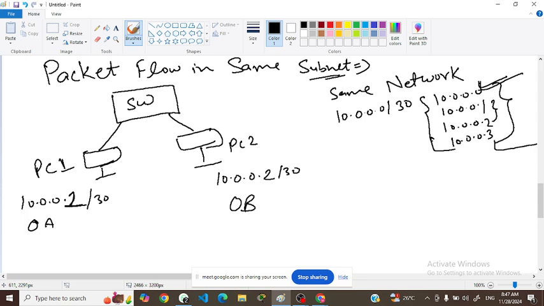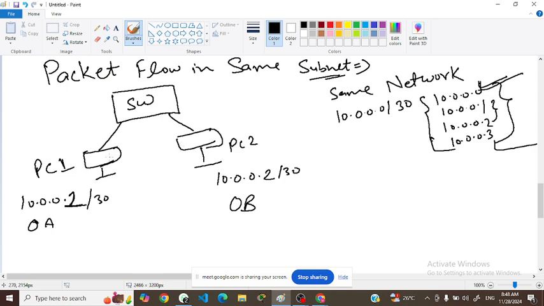Everyone knows about MAC addresses. Yes, sir. Okay, and here this PC wants to send a packet, suppose hello. Lakshman and Abdul are sitting in the same organization and they want to talk to each other, and Lakshman is saying hello to Abdul.